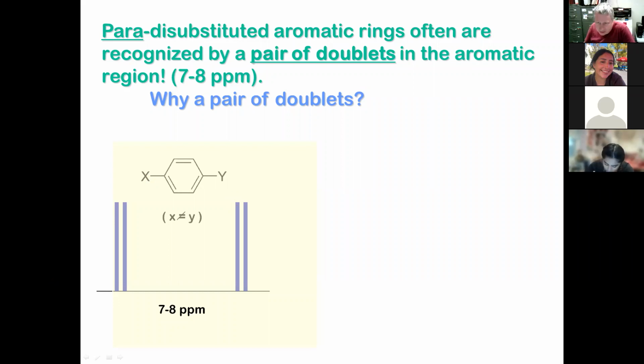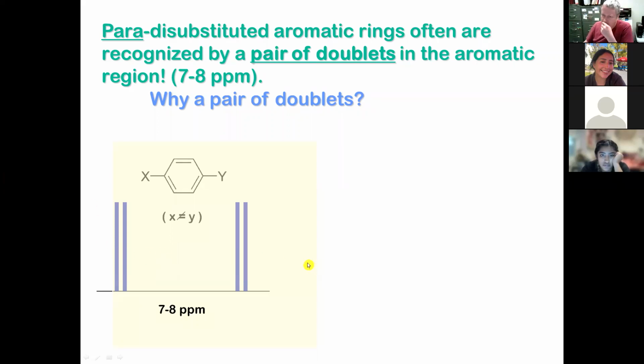Somebody asks why the first one is only a doublet. If we're assuming they have two different groups, like a chlorine and a nitro, or a methyl, that's why. If they're the same, it's perfectly symmetric, and these will not come at different places.